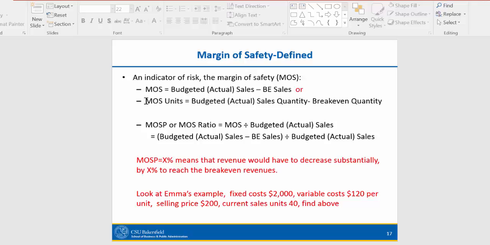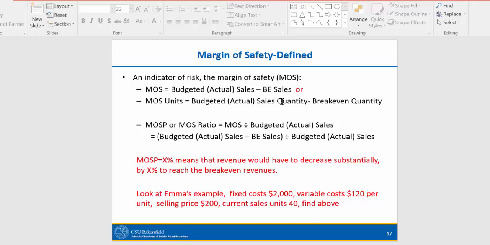Therefore, the margin of safety ratio or percentage will give you a better idea of which business is at risk and which business is doing great. The second one is margin of safety units. Here you just look at a quantity. This one is quite useful because it does not rely on inflation or price change.